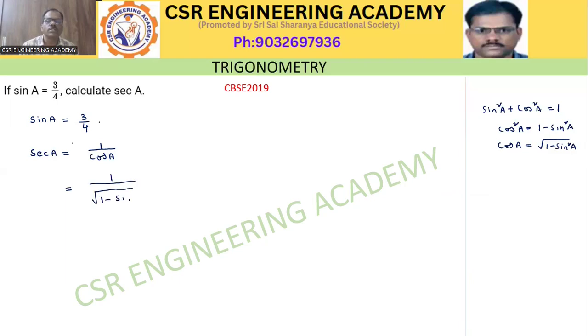Cos A is equal to root of 1 minus sin square A. Sin A is equal to 3 by 4, that is 3 by 4 whole square, so this is 1 by root of 1 minus 3 by 4 whole square, that is 9 by 16.